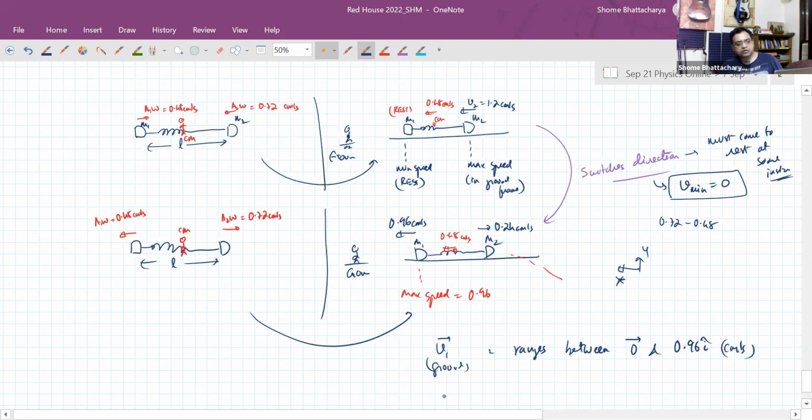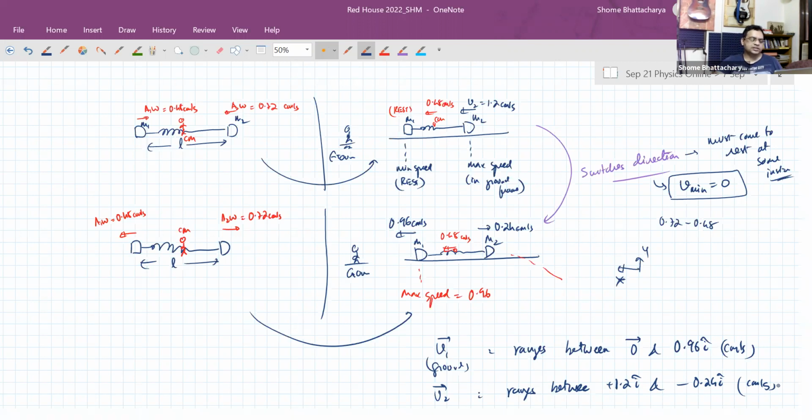But the velocity of this second block in the ground frame ranges between 1.2 i cap and minus 0.24 i cap in centimeters per second. So it actually switches direction. It goes back and forth, whereas M1 never really switches direction. It has a stop, start type of motion.